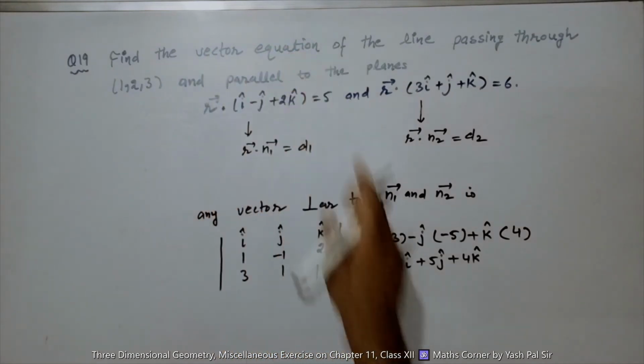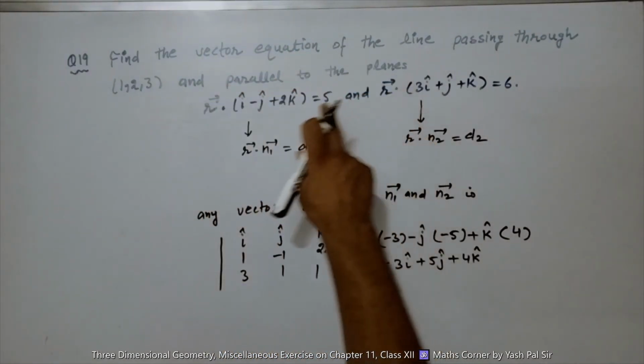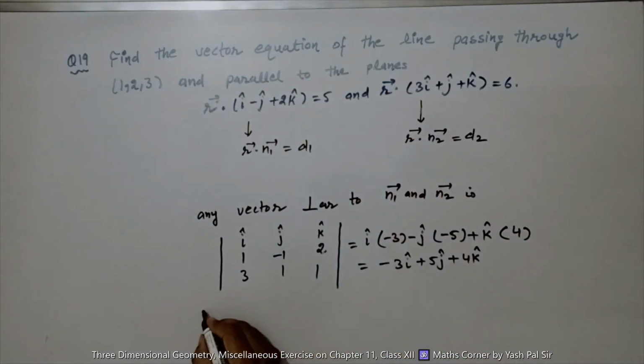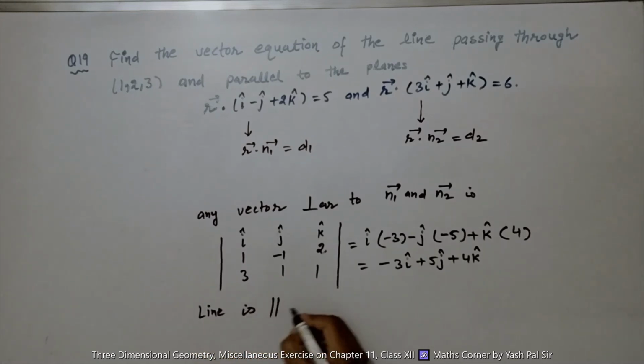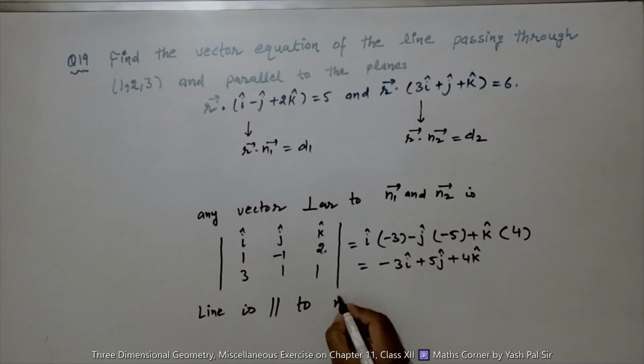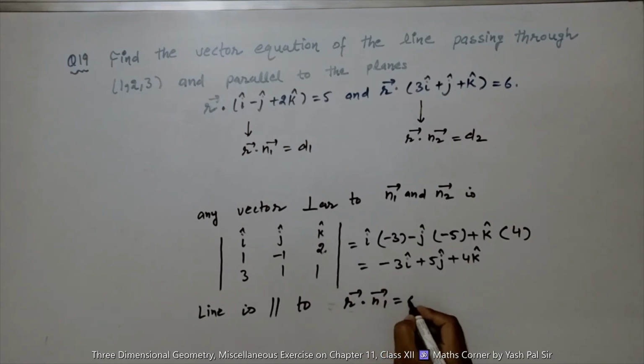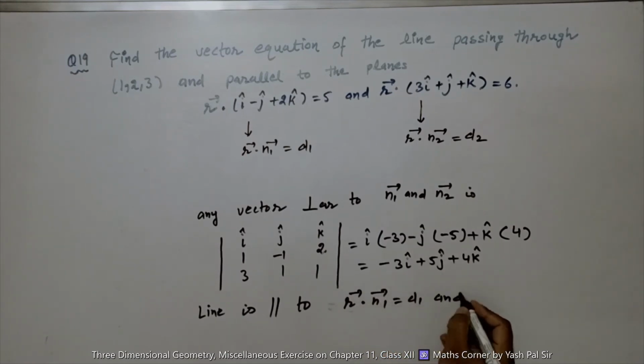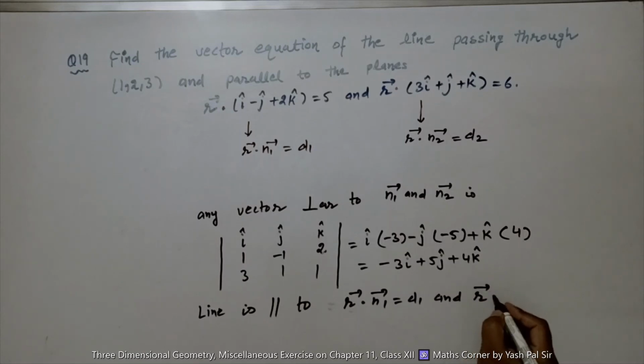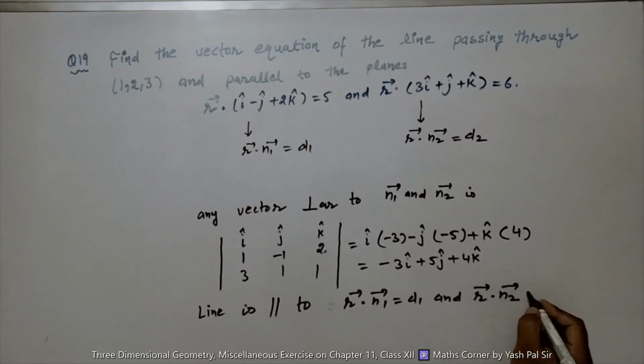right? Now the line is parallel to these two planes, r dot n1 equal to d1 and r dot n2 equal to d2.